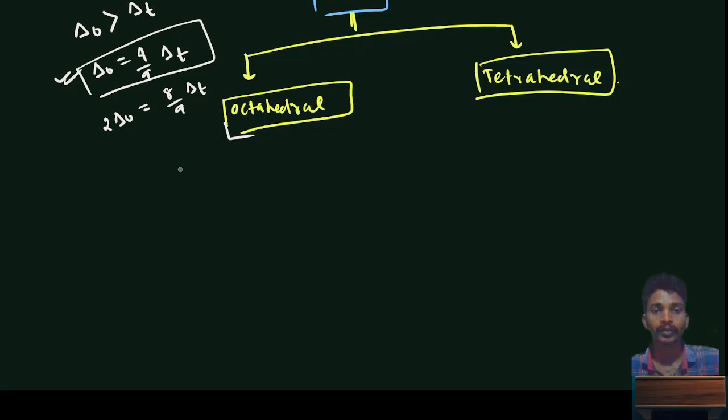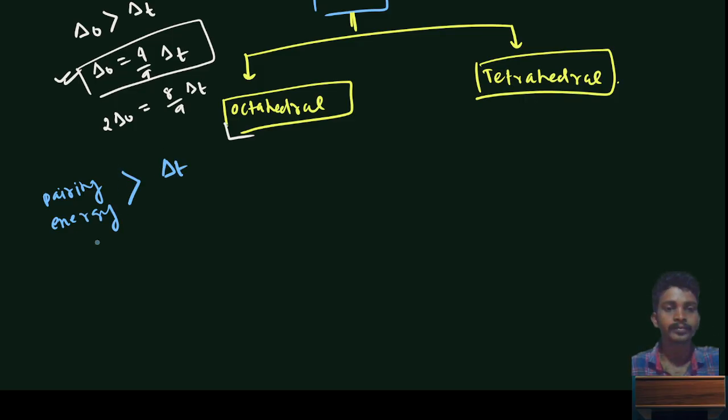While we are calculating the CFSE, there is a chance of pairing, and it is found that the pairing energy is always greater than delta T. If the pairing energy is greater than delta T, then there will be no chance of pairing.